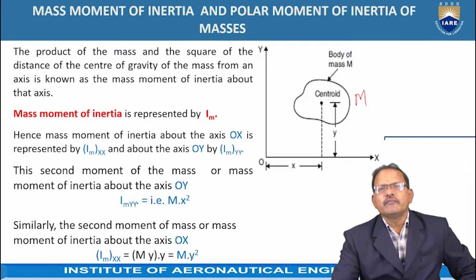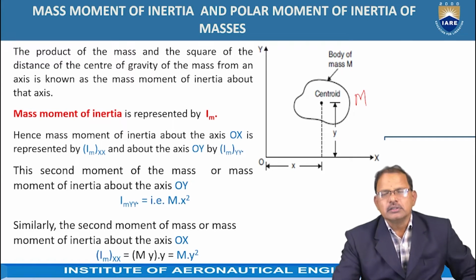This mass moment of inertia is represented generally by using Im. Hence, the mass moment of inertia about the x-axis is represented as Im xx. Similarly, the mass moment of inertia about the y-axis is represented as Im yy.